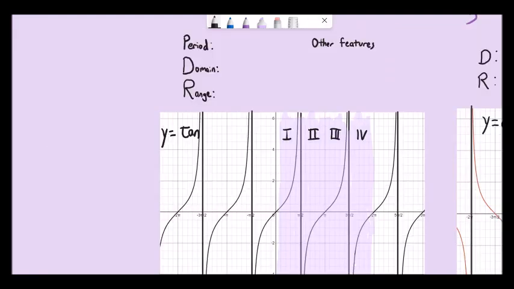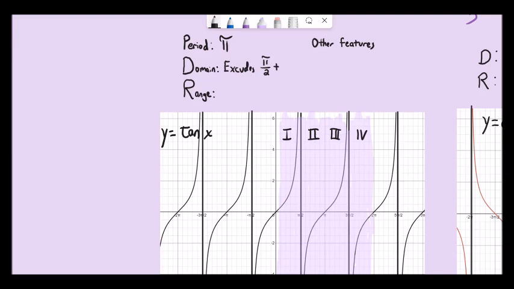So let's look at some of the key features of the graph of y equals tan x. Oh, I forgot to put an x in here. The period: just look at where I drew those vertical asymptotes. That's a period long, so that would be pi. The domain is everything, but it excludes some things, so it's a little trickier. I'm going to write excludes pi over 2, and that would be plus pi after that, so every pi after that.